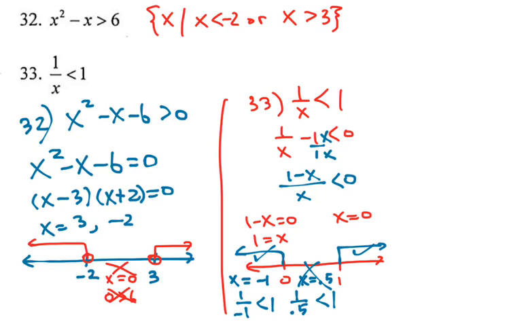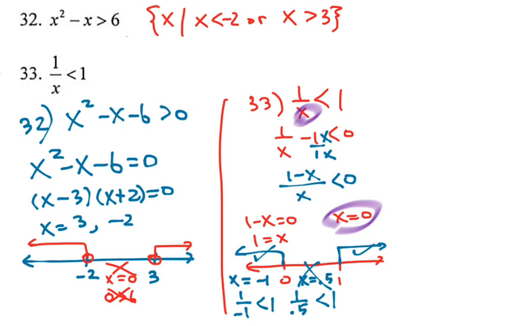Now, notice one thing. Here, which value made the denominator equal to 0? It was 0 itself, wasn't it? You see, the value that makes the denominator equal to 0 will never have the closed circle. Remember, the value that makes the denominator equal to 0 can never be a closed circle. Why?